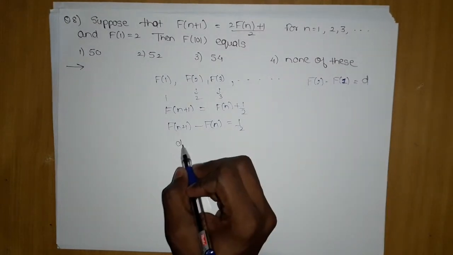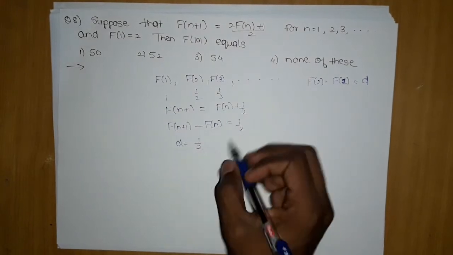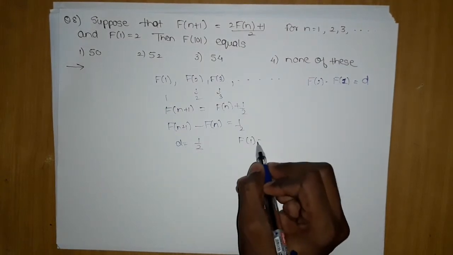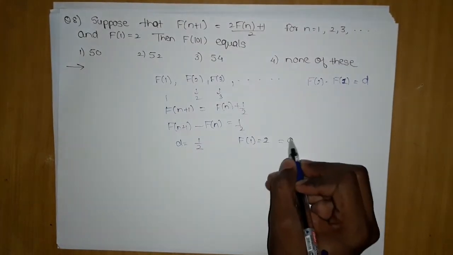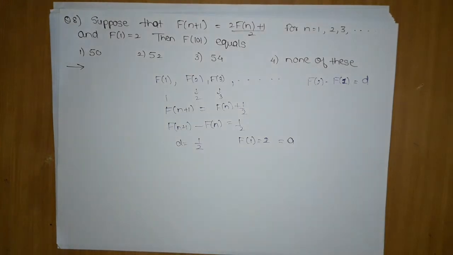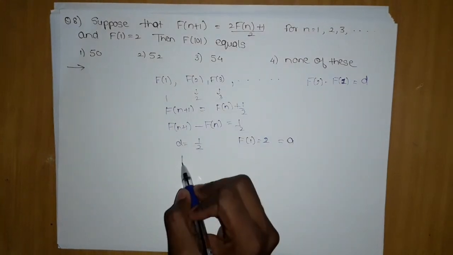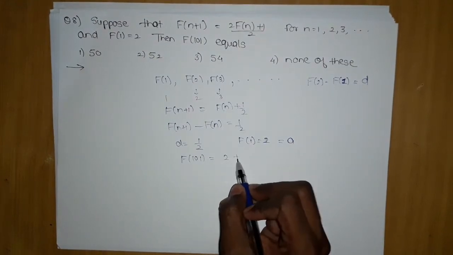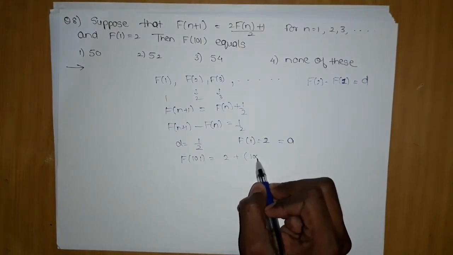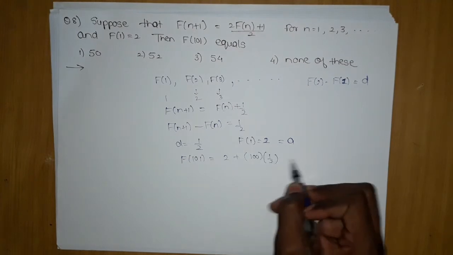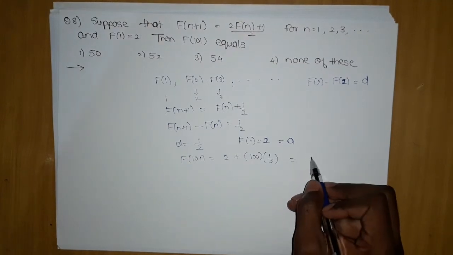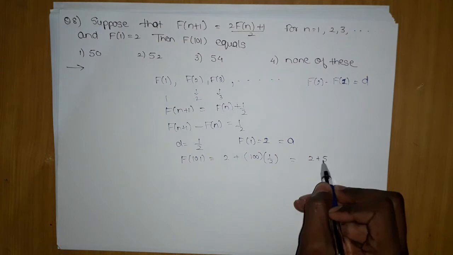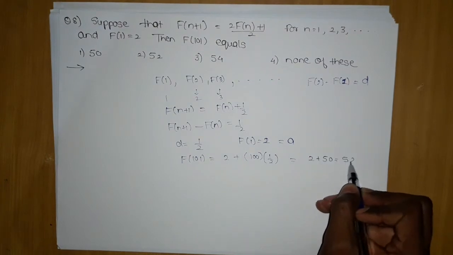So d is 1/2, and f(1), which is a, is 2. Can we get our 101st term? Very easily: f(101) is a + (n-1)d, which is 2 + 100 into 1/2, giving 2 + 50, which leads to 52. So this is our answer.